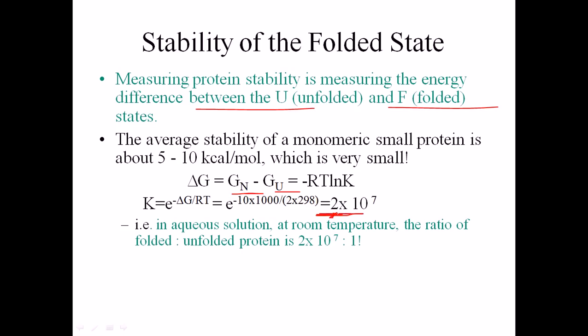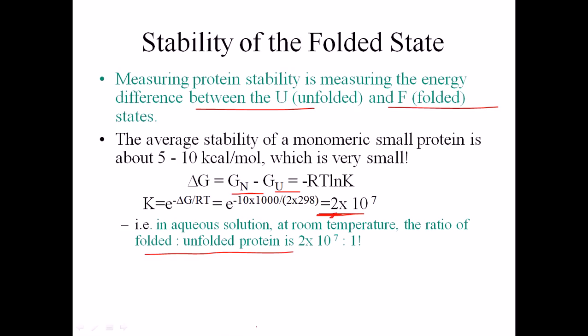So that gives us a very shocking thing, that in aqueous solution at room temperature, the ratio of the folded over unfolded protein is 2 into 10⁻⁷:1. That means in the room temperature and aqueous solution environment, the chance of finding an unfolded protein is extremely low.